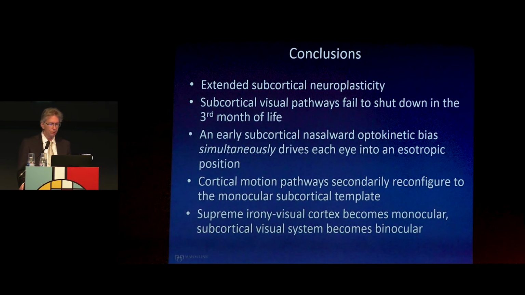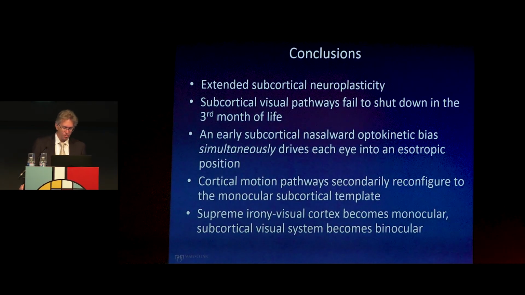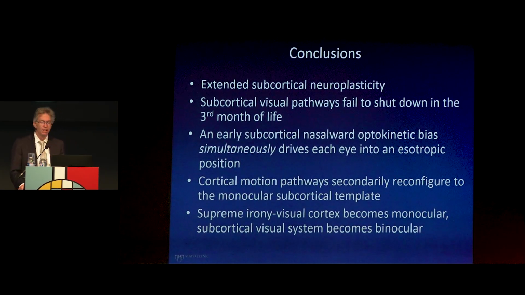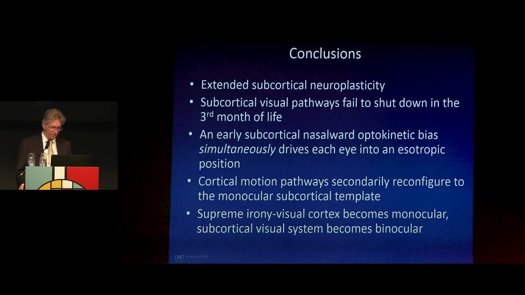So in conclusion, infantile esotropia conforms to a state of extended neuroplasticity in which the subcortical visual pathways fail to shut down in the third month of life as they normally do, allowing an early subcortical nasalward optokinetic bias to simultaneously drive each eye into an esotropic position.